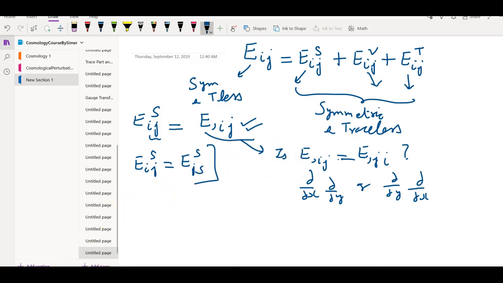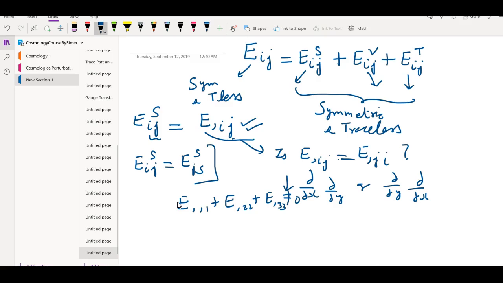But the next question is, is it traceless? No, we cannot say that E11 plus E22 plus E33 is 0. No guarantee here. So we want to make this traceless.